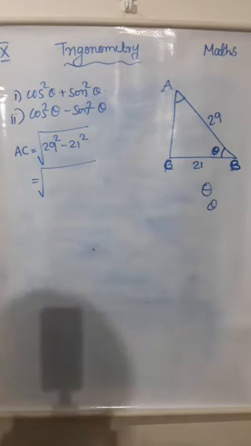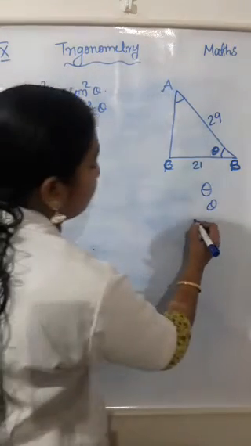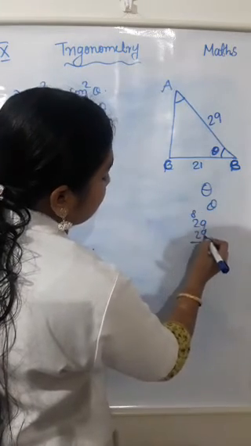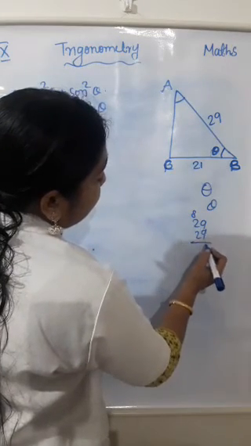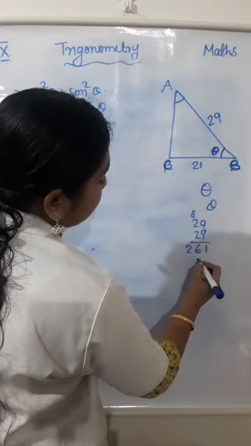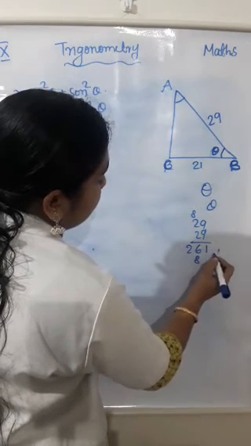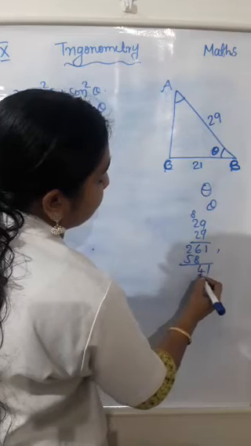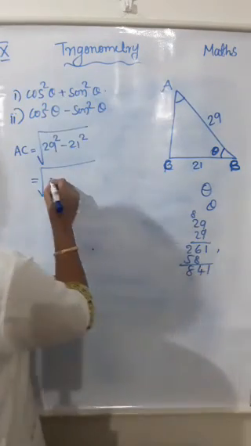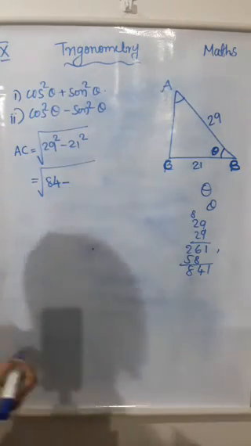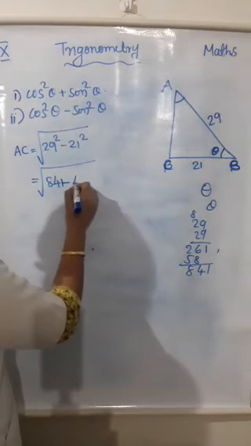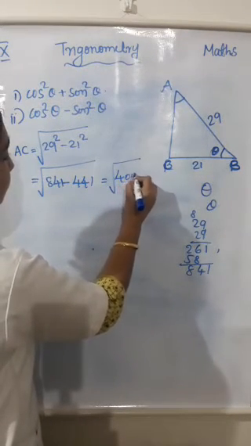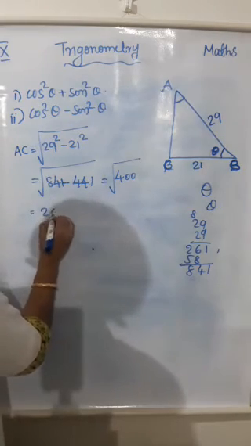What is 29 square? 29 into 29 is 841. 841 minus 21 square, that is 441, is equal to root of 400 is equal to 20.